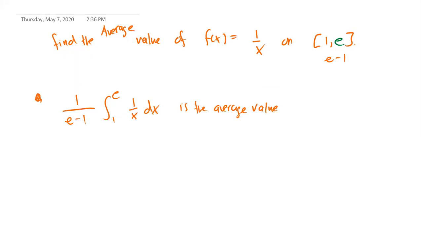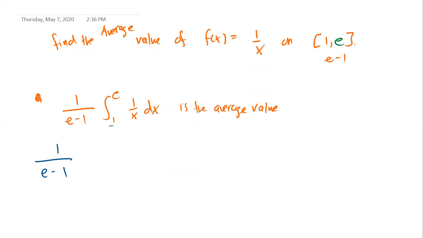And here, of course, we did an example like this, right? We know that an antiderivative of 1 over x is ln of x, because the derivative of ln of x is 1 over x, whenever x is positive. When x is negative, again, something else happens. For now, don't worry about it.